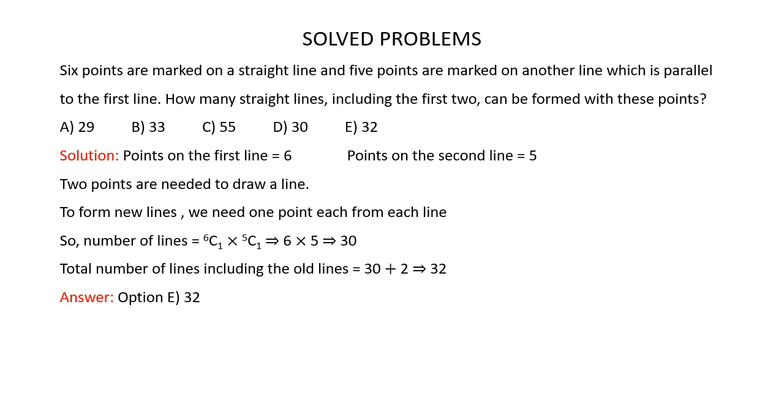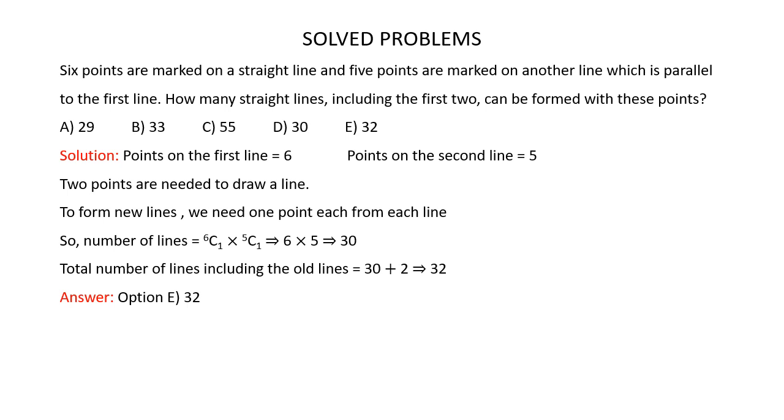So number of lines is equal to 6C1 multiplied by 5C1. Now 6C1 is nothing but 6 and 5C1 is nothing but 5. So number of lines is equal to 6 multiplied by 5, which is 30.